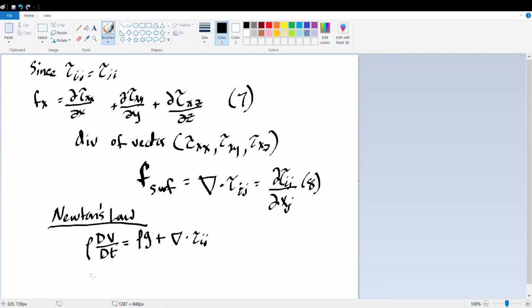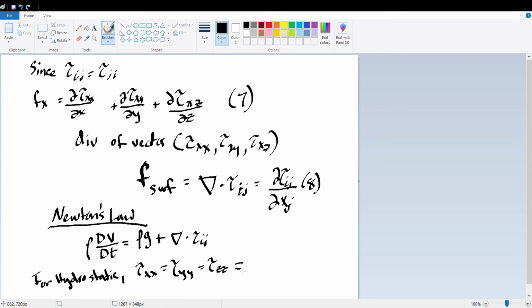And for a hydrostatic situation, which is basically a cube at the bottom of the ocean, we know that tau xx is equal to tau yy, which is equal to tau zz.